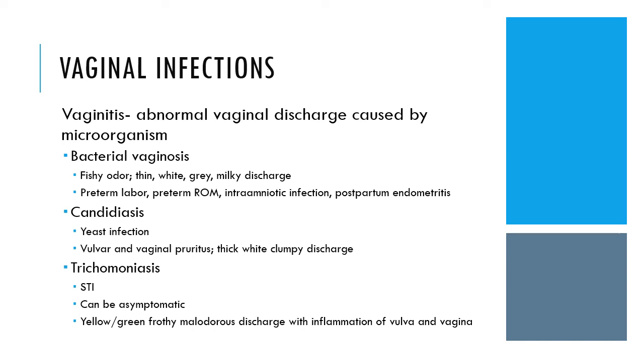It is characterized by vulvar and vaginal pruritus, along with a thick, white, lumpy, cottage cheese-like discharge. This can be treated with over-the-counter medications such as Monistat. We want them to seek treatment for their first infection, or if they're having infections occur frequently.